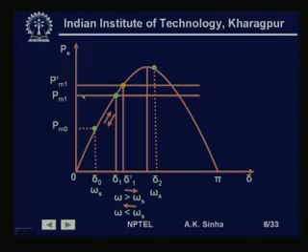Here we see that for a particular amount of change in the mechanical input, the system is stable, whereas for a different amount of mechanical input change, the system may become unstable. That is why we say that the stability of the system depends not only on the operating point, but also on the magnitude of the disturbance.